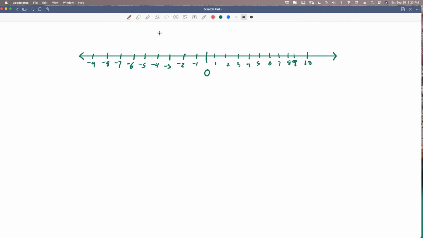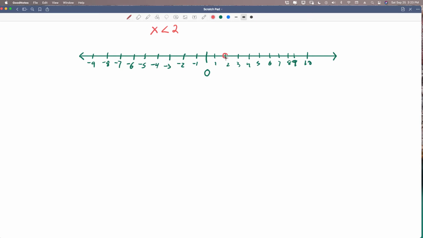If I were to say that x was less than 2, can't really include 2 in that range of solutions. Every number that could stand in for x would be your solution set. But it's not equal to, it's just less than 2. So how do we show that? Well, here's how we show that it's less than 2.